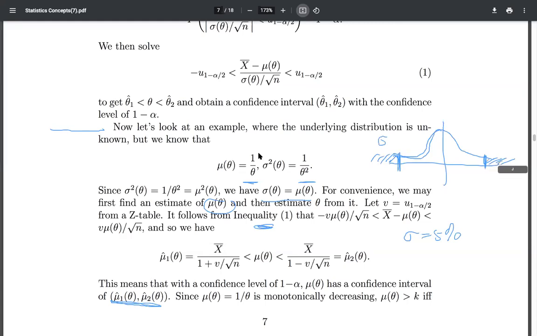Because the total is 1, right? So anything under the curve is 1. So this part is sigma, then something in between, this range is 1 minus sigma. So that's the one you want to find out what this value is.